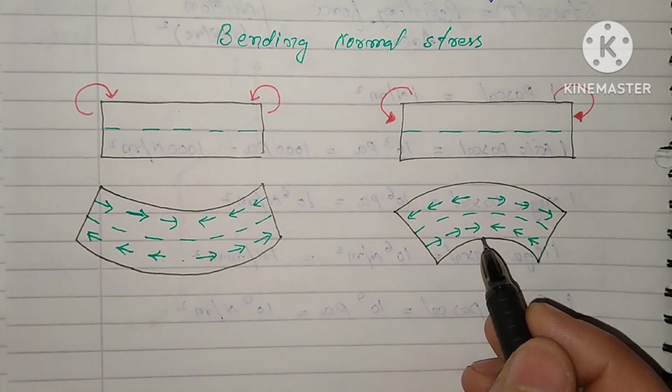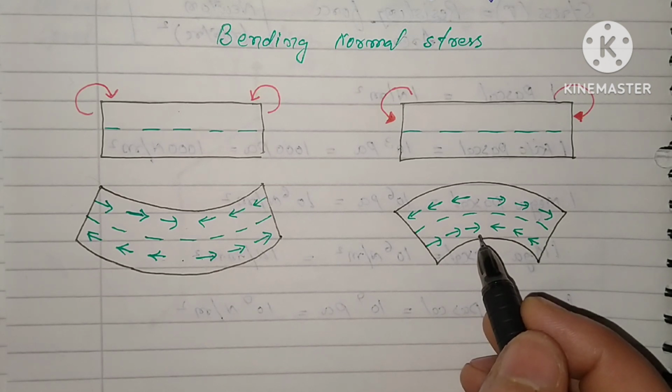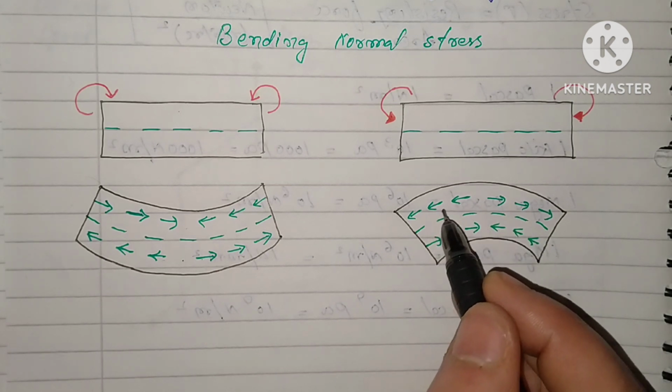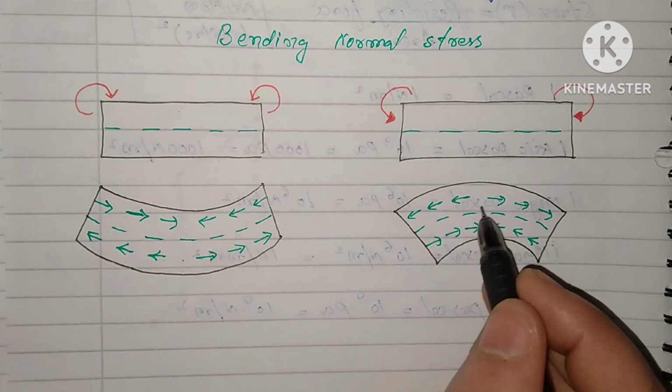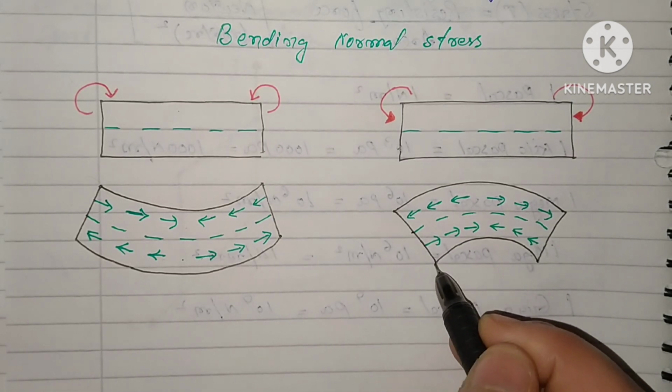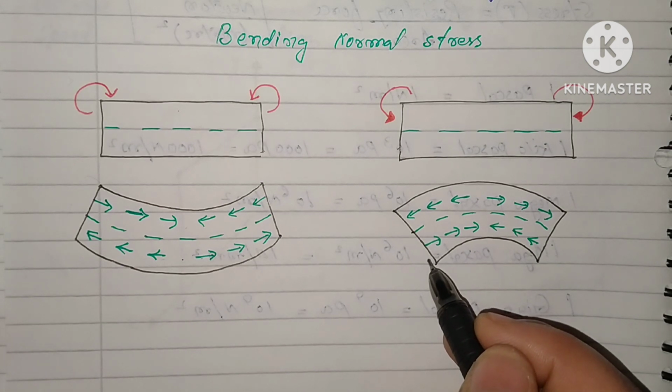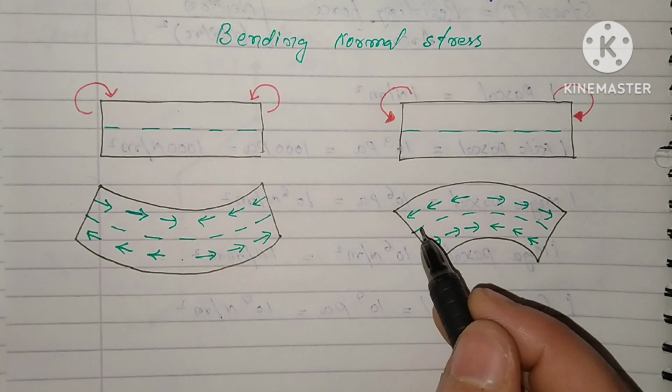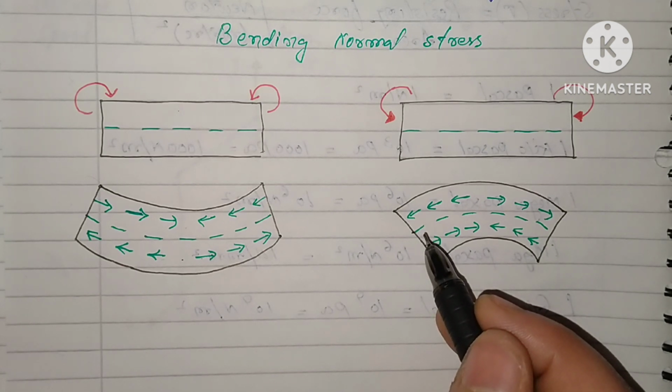So bending stress is not a uniform stress. It will be compressive up to this region, and tensile from this to this region. It is not uniform, as was the case with axial normal stress. Here it will be tensile up to a certain depth and compressive up to a certain depth.